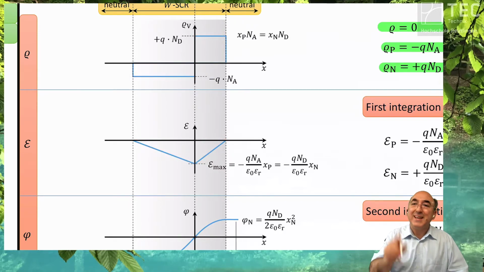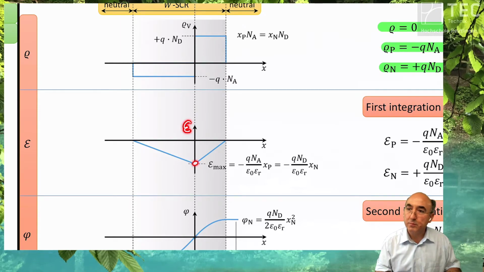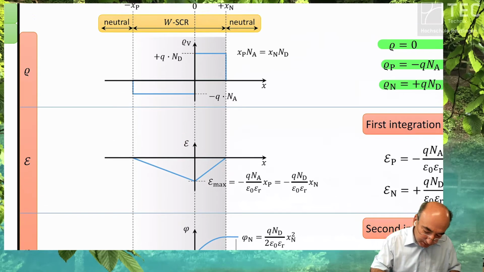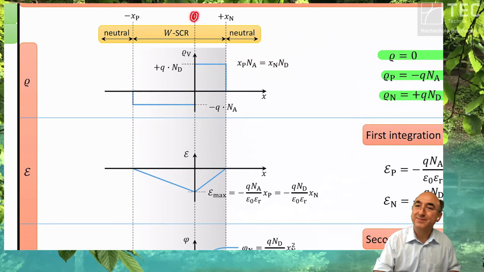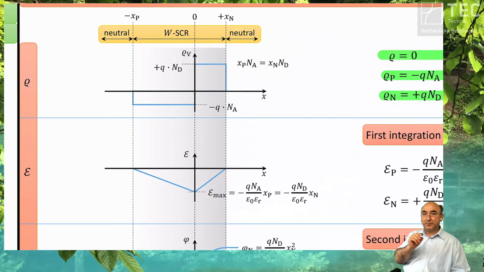But what does that mean? This means that the electric field is maximum as an absolute value at just the interface. This is a very important statement.